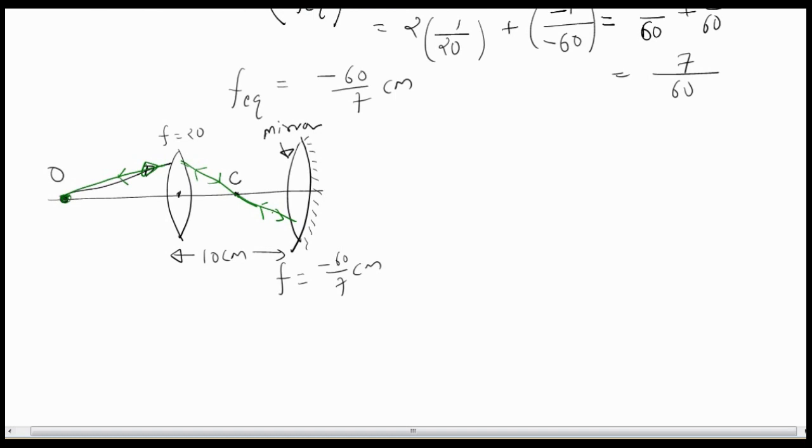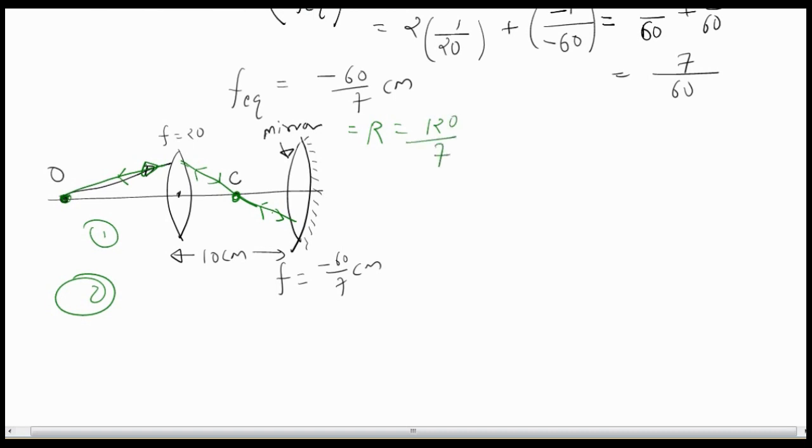So in order to get the final image at the object itself, we need this lens to form an image at the center of curvature of this mirror. This is the first case, and in another case it may form an image at the pole of the mirror. Let us first discuss the first case. If the lens is creating an image at the center of curvature of the first lens, then, because focal length of this mirror is minus 60 by 7, radius of curvature would be double of this, which is 120 by 7.